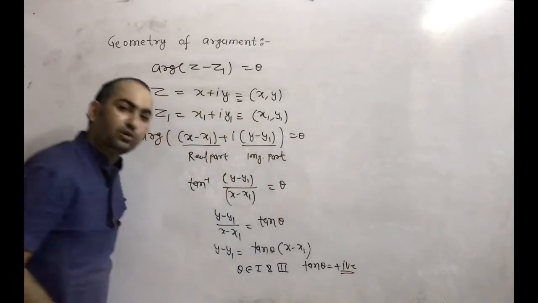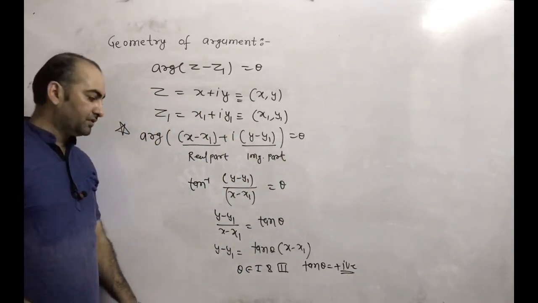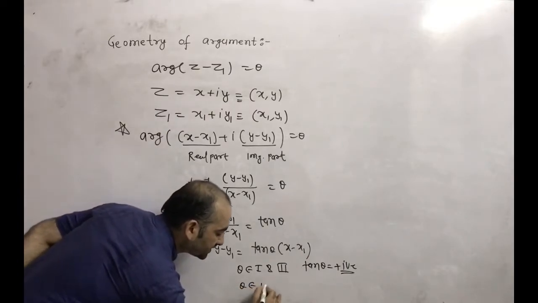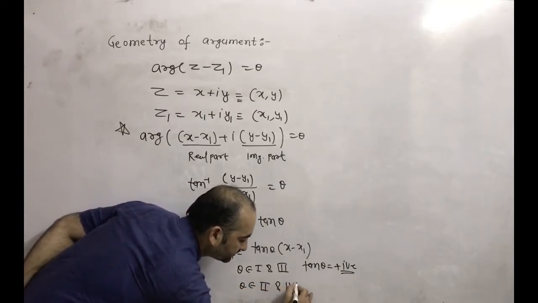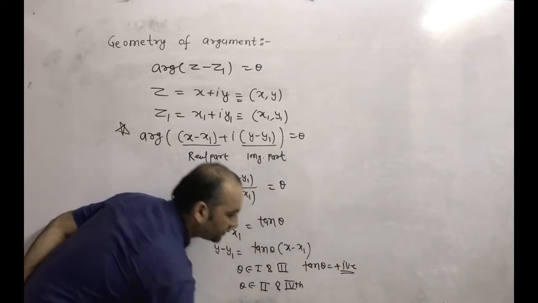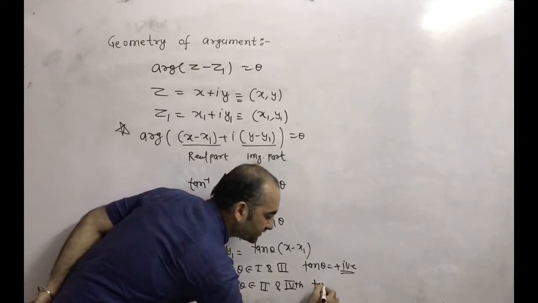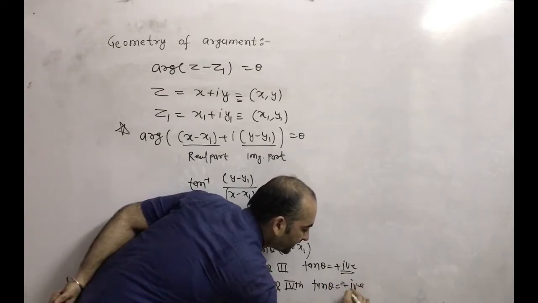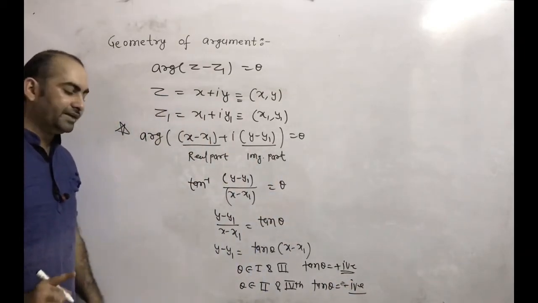That means the slope is positive. So if the slope is positive, we'll get one line. If theta belongs to the second and fourth quadrant, then tan theta is negative. Then we'll get another line. Okay, so we are taking both cases.